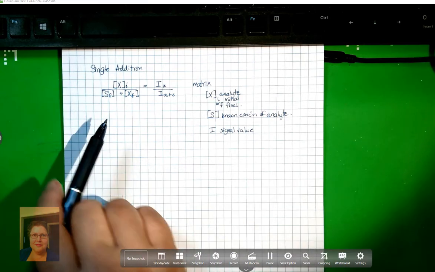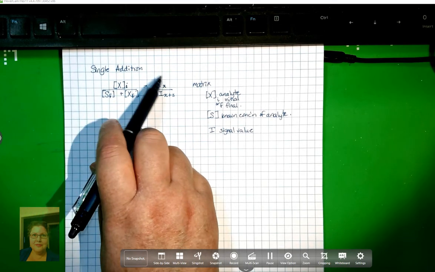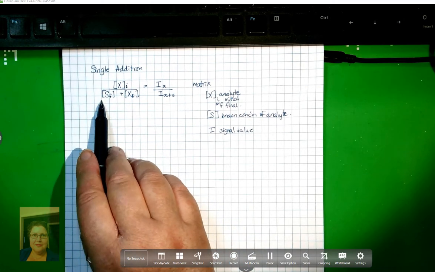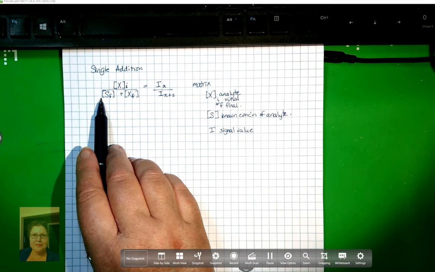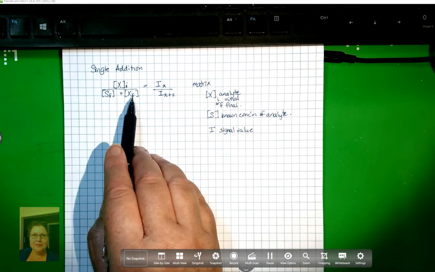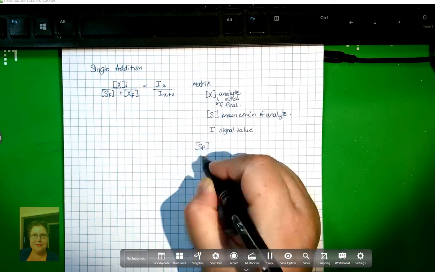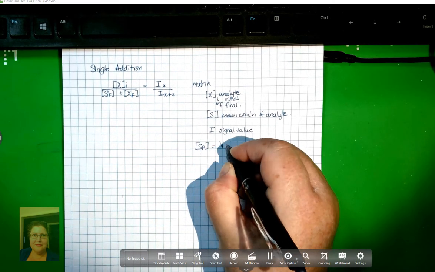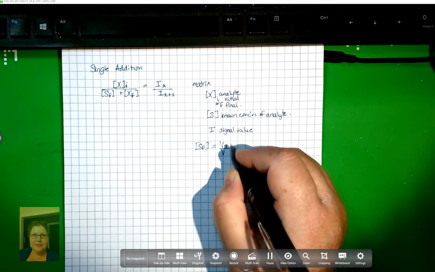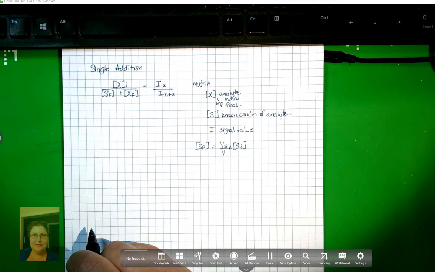So what we've done is we took our original sample, our initial sample of our unknown, and we measured the intensity or the signal that it gives. And then we added a small amount of a standard to our sample. And because we added a new volume, we've now changed our concentrations. So our final concentration is a dilution: the volume of the standard that we used compared to the volume total, times the original concentration of our standard.